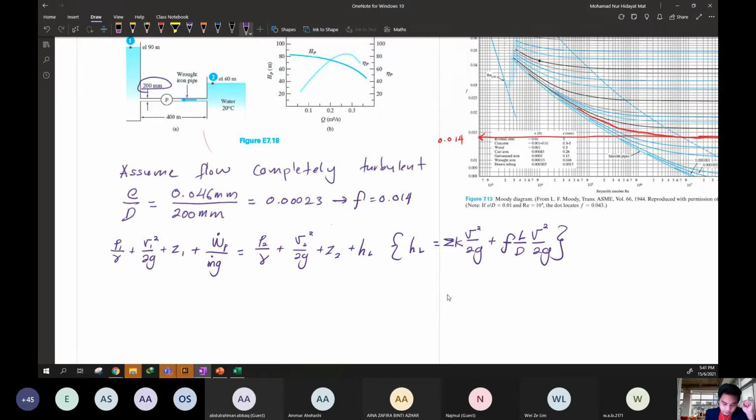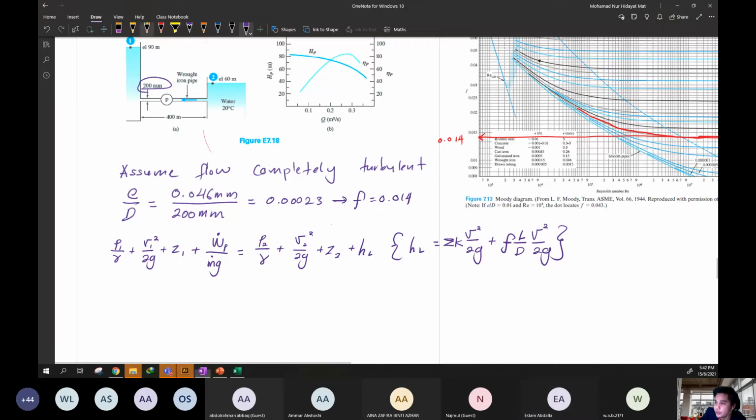Alright. So here we have how many K? Anyone? What type of K here, from our chart, from our diagram? Is it the entrance and then the exit?